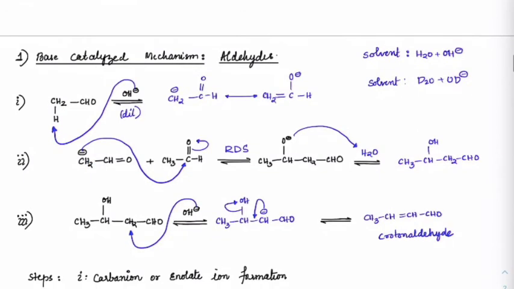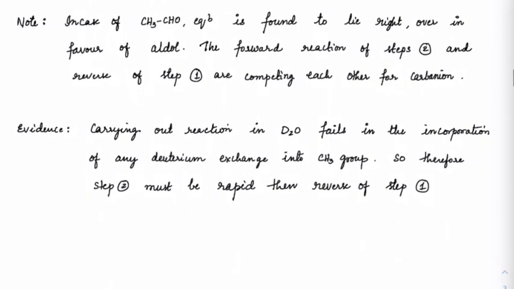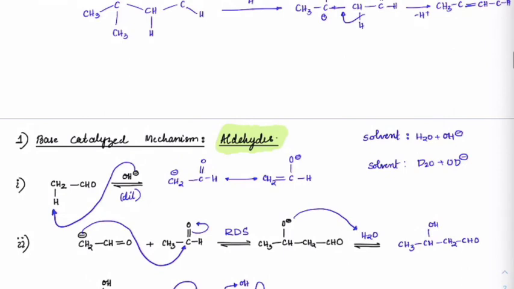But in the base catalyzed mechanism, especially for aldehydes, the evidence seen is that D2O failed to get the exchange happening with that CH3 group. Which means the first step is more in the forward direction and less in the backward direction, and the second step is also more in the forward direction and less in the backward direction.